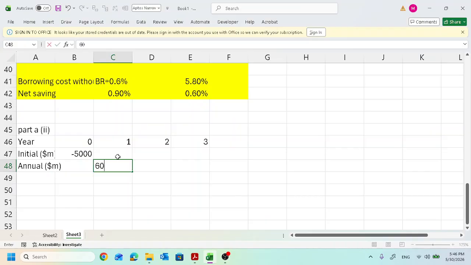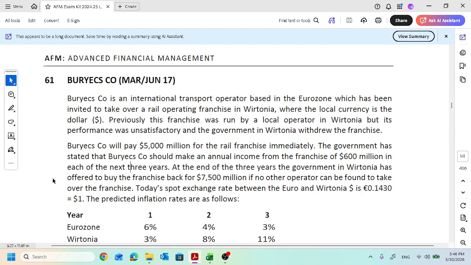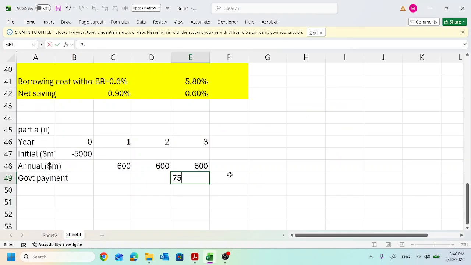Year 1 600, 600, 600. And then at the year end maturity, the government pays them, right? So government payment, how much was it? 7,500 million at the end.